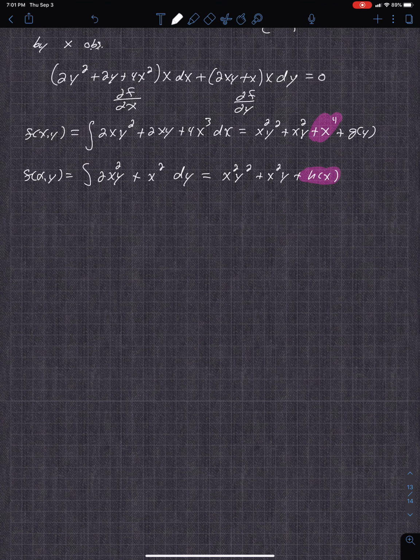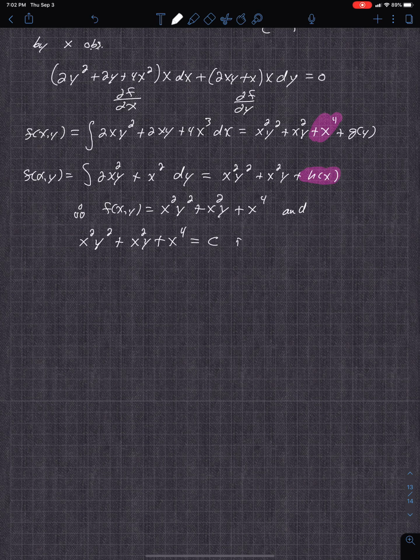All right, so therefore your f of x, y is equal to x squared y squared plus x squared y plus x to the fourth. And our general equation, sorry, I keep saying function, x squared y squared plus x squared y plus x to the fourth equals c, is a general solution.